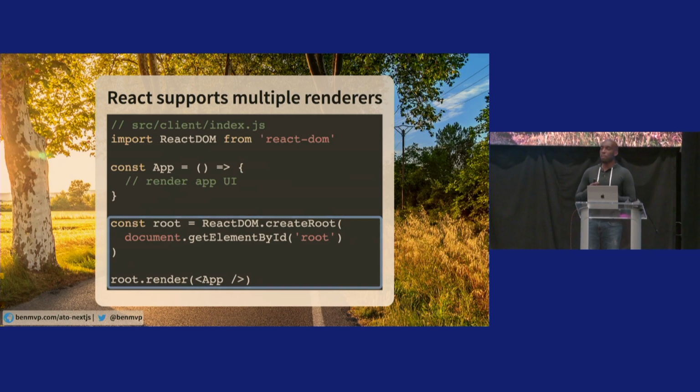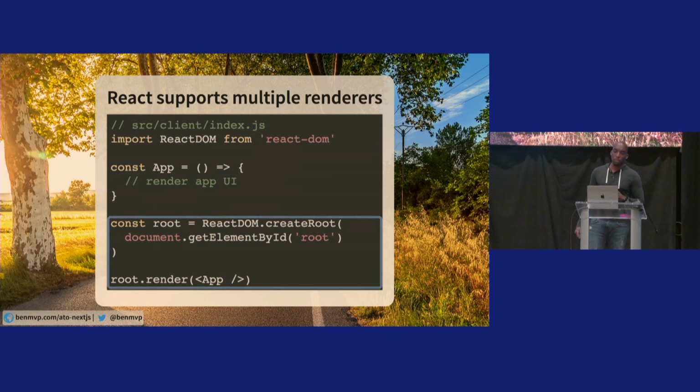Or Netflix and other TV providers, streaming providers, also use React, but they have their own proprietary renderers for the TV platforms. So what we have here is probably the most popular renderer, obviously, rendering into the DOM here. So you render the UI, have it all in your app, and then finally you create the root and you flush it down there.